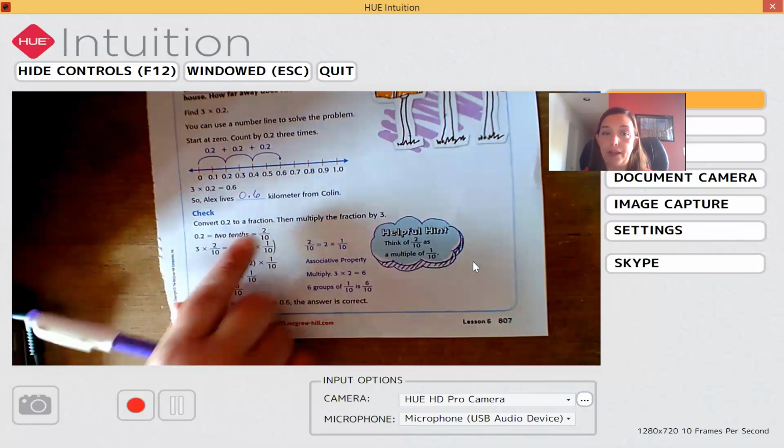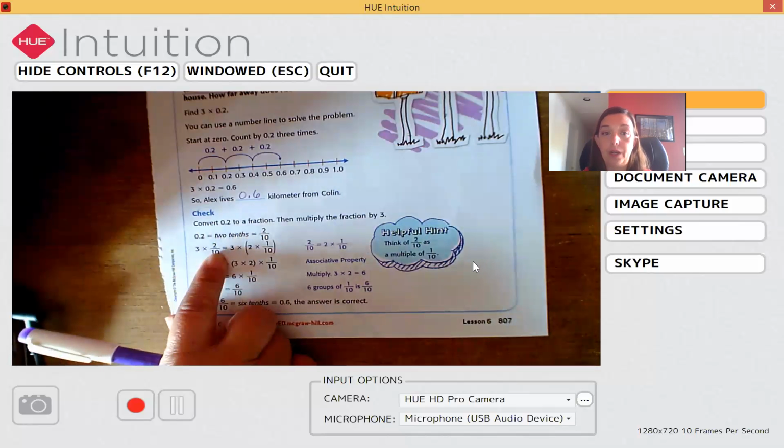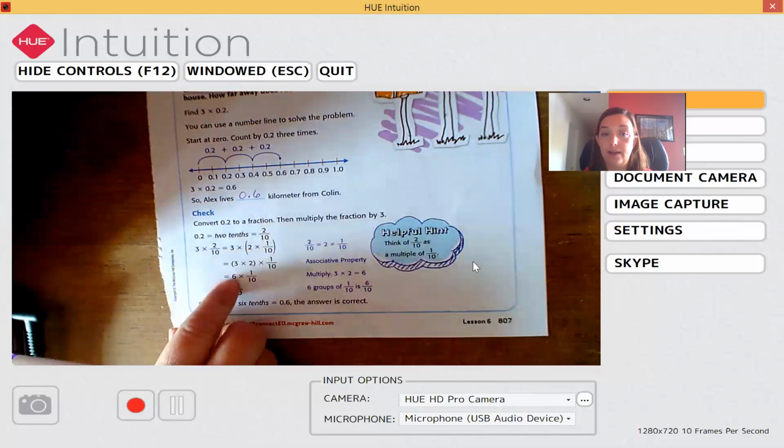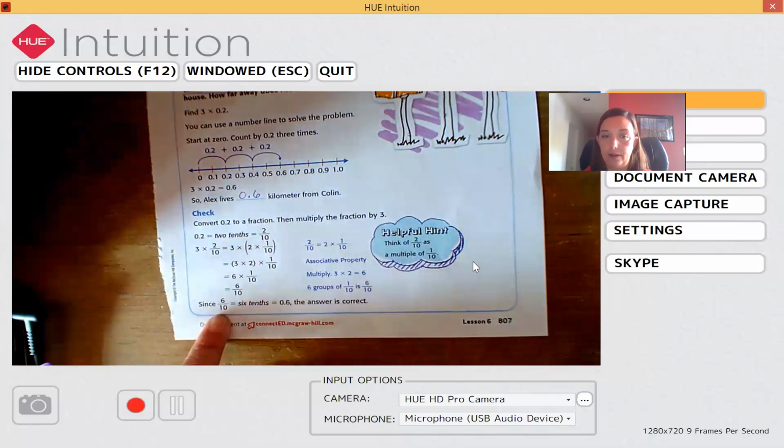So if we multiply 3 times 2/10, well, we know 3 times 2 is 6, so it's 6/10, right? And 6/10 the fraction equals 6/10 in words, which also equals 0.6. So the answer is correct.